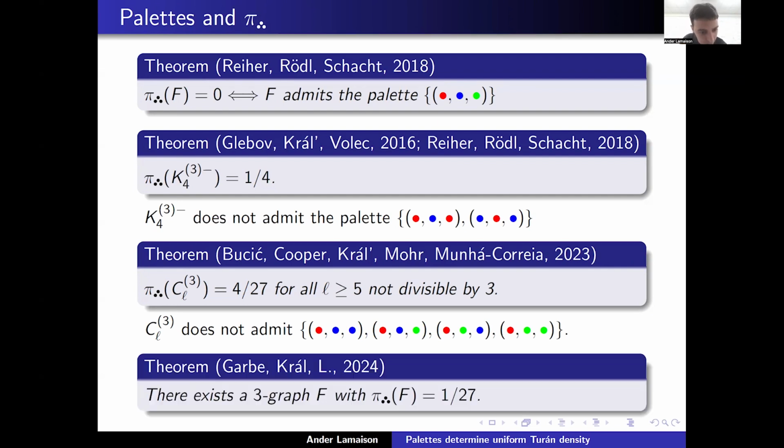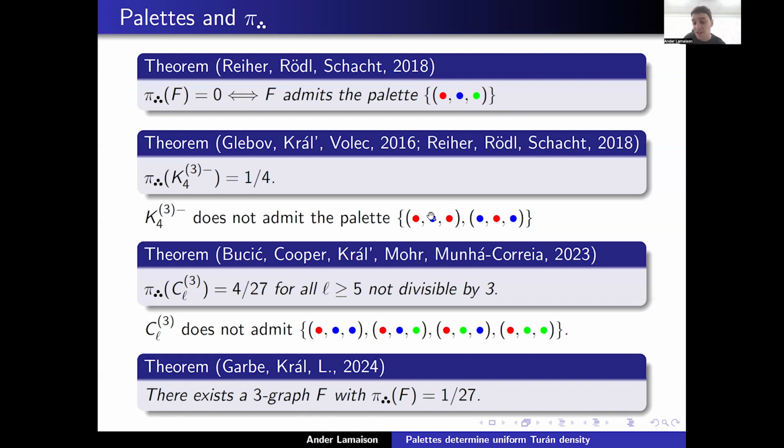And then together with Garbe and Kráľ, we constructed a hypergraph which has uniform Turán density 1/27, and that's significant because 1/27 is the density of this palette on top, which has just 3 colors and 1 triple. So this is the palette that acts as the lower bound of our construction.